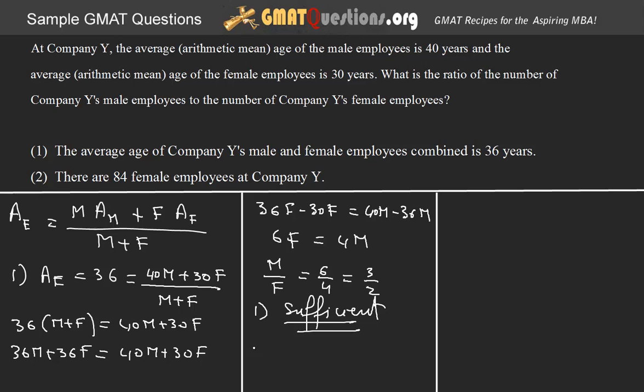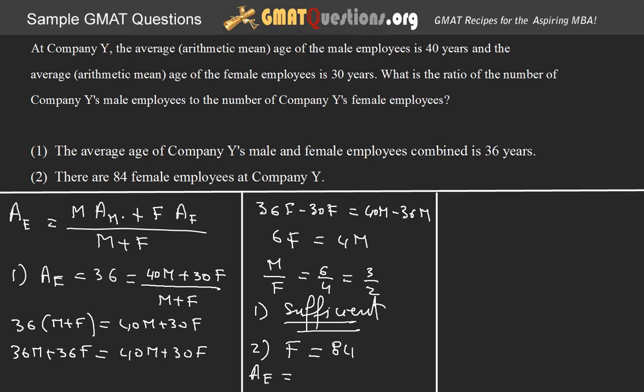How about number two? Number two, we are told that there are 84 female employees. Using the notation we have here, we have f equals 84. Okay? So before we go to the right side, we can say right here that A_E is going to be equal to, we don't know A_E here, do we have m?